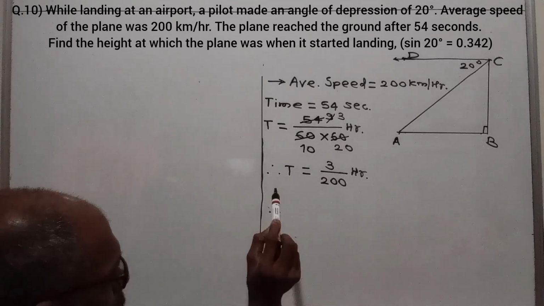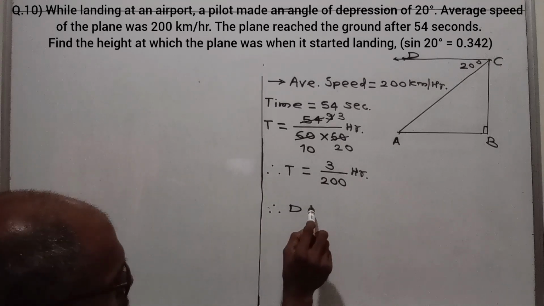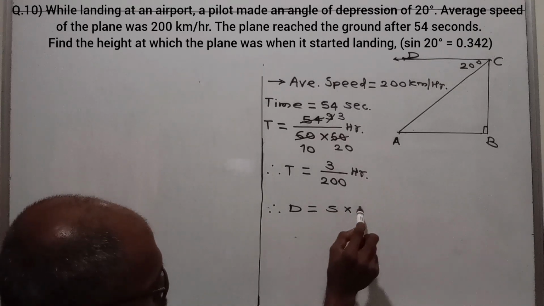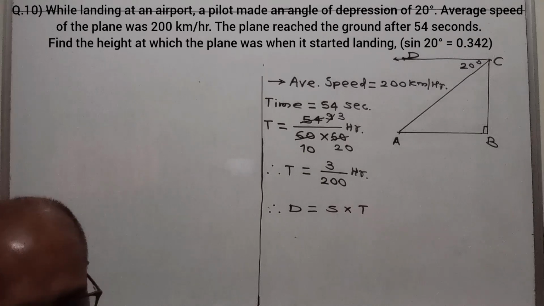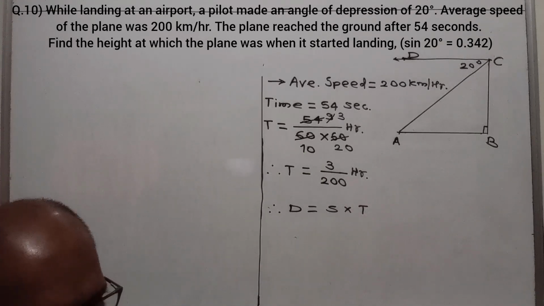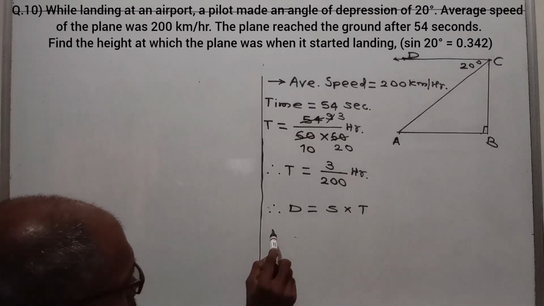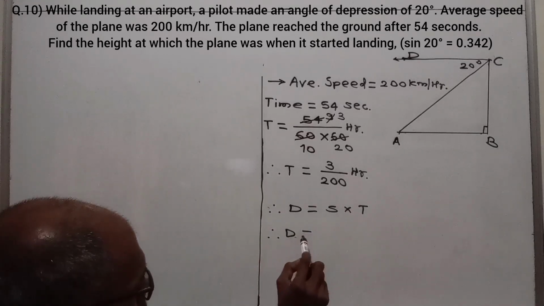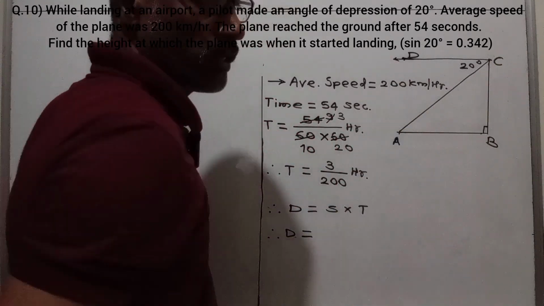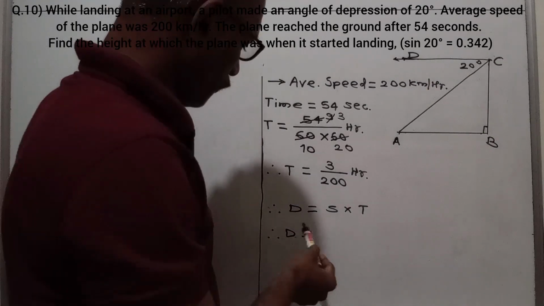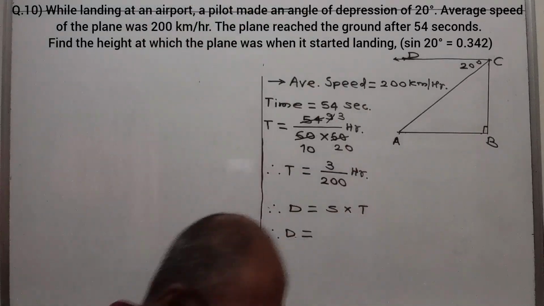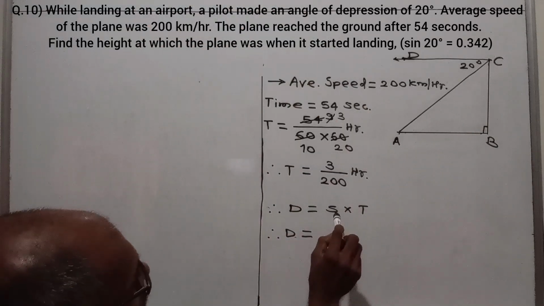Now you know that in physics you may have studied distance is equal to speed into time, or speed is equal to distance upon time. That way also. Therefore, we want distance. Which distance? Distance CA or AC. We will find out distance AC or CA. Okay. See, what is speed?